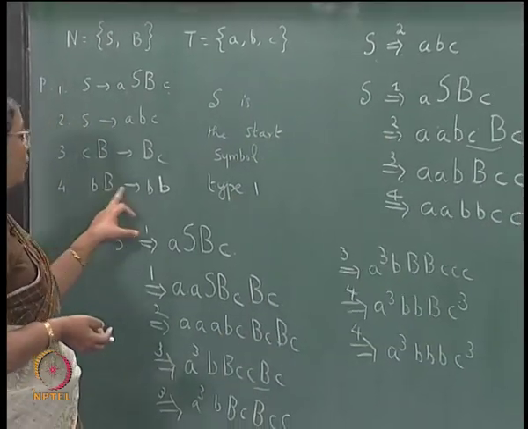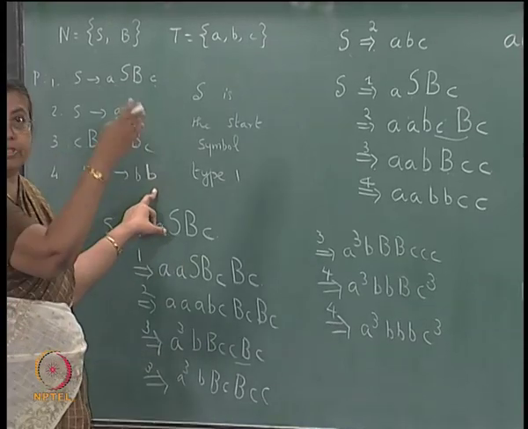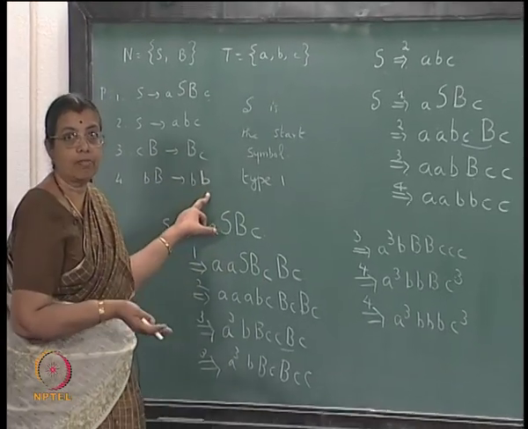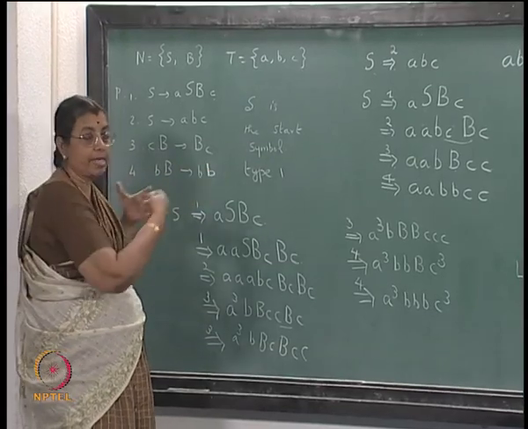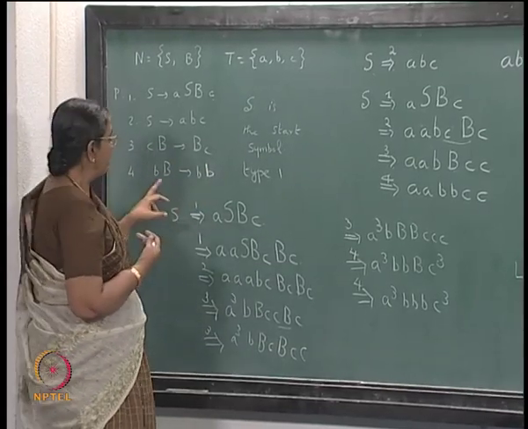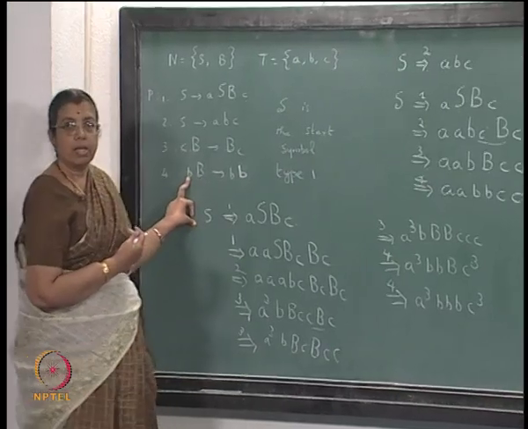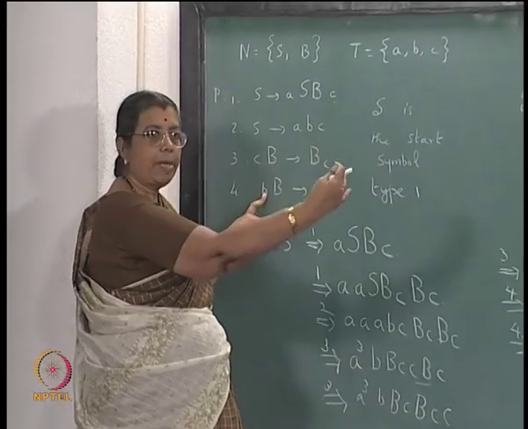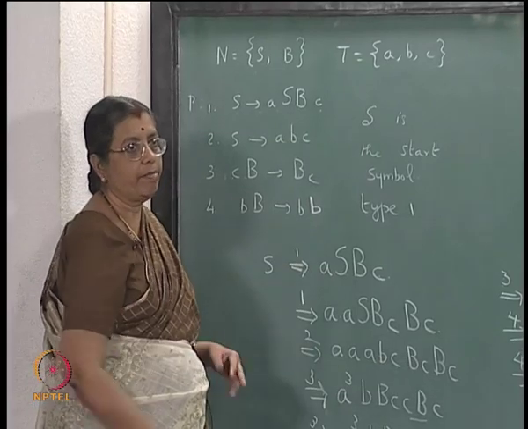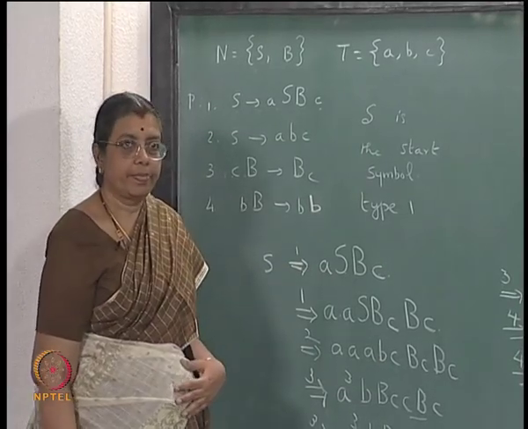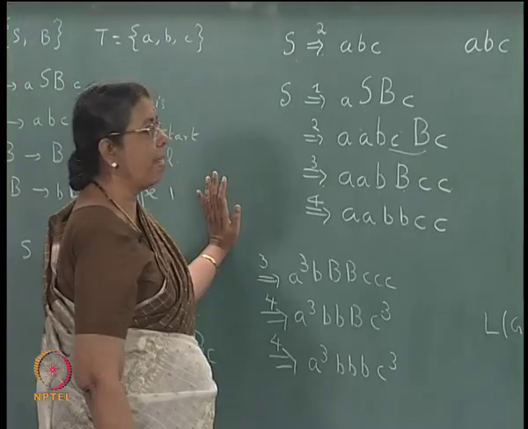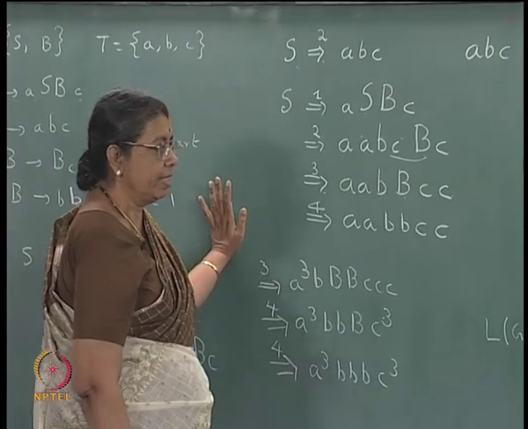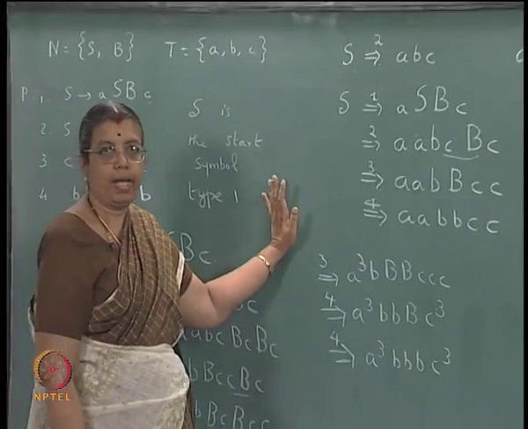If you write B goes to b without context, some of the B's you can replace in the middle also, that you do not want. So, you want to convert the capital B's into small b's only when they are shifted to the middle. That is why this rule is there. This rule makes sure that all the capital B's are shifted to the left, then you are converting them into small b's. Okay. So, this is a very simple example of a context sensitive language or a type 1 language.